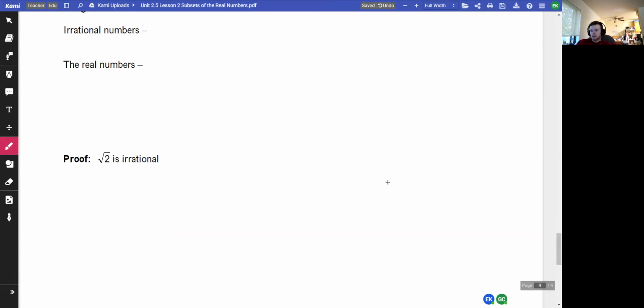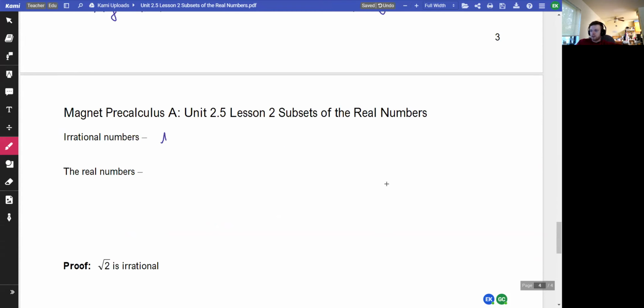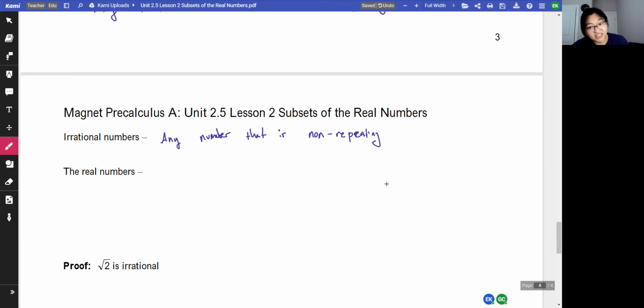So that's how we can define the irrational numbers: any number that has a non-repeating mantissa, the stuff after the decimal. How do you spell that? Mantissa, I think.